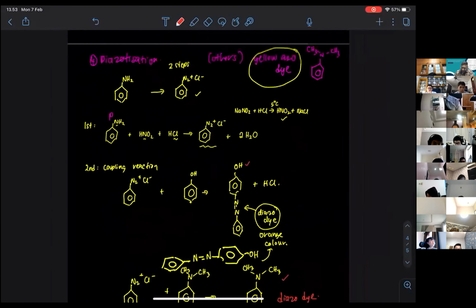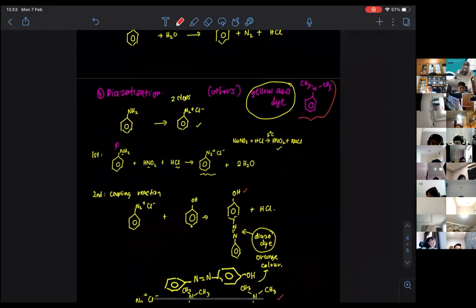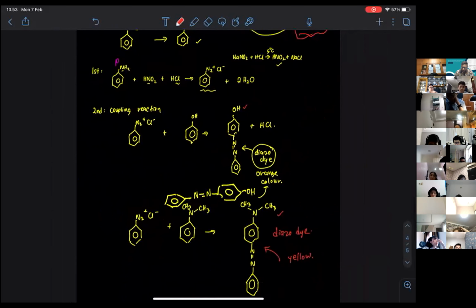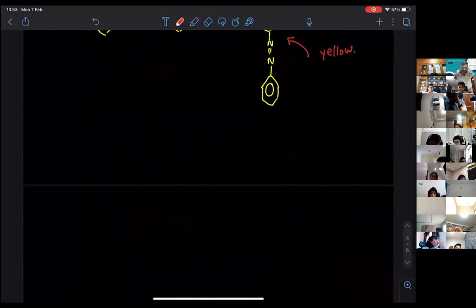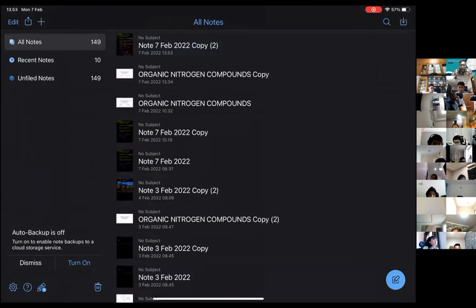In your syllabus, instead of phenol, if you react with this, you are going to get a yellow dye. Too many things to process, I know.